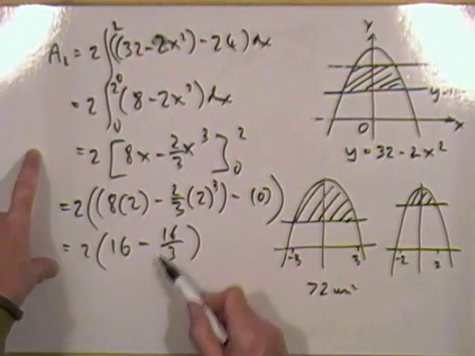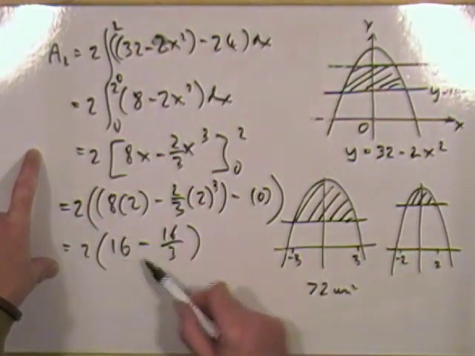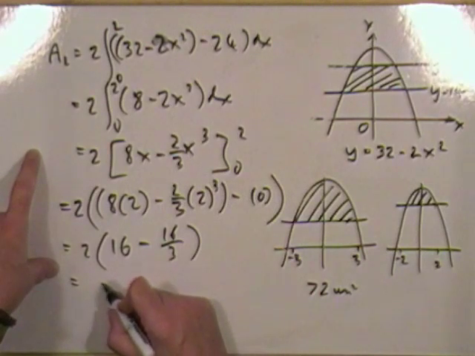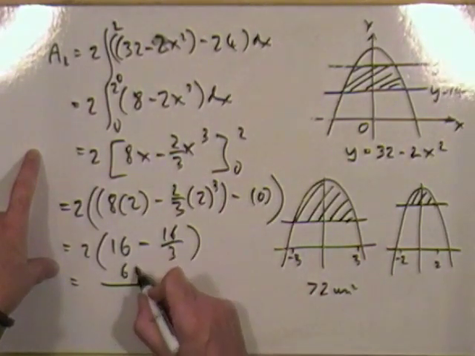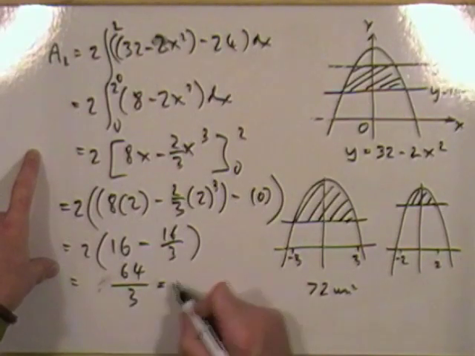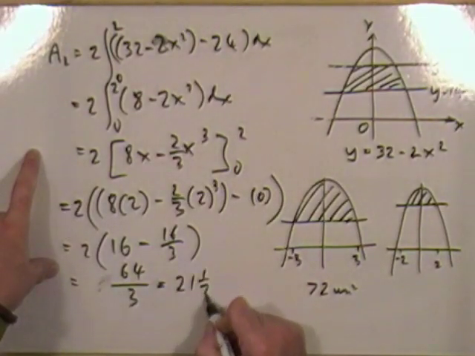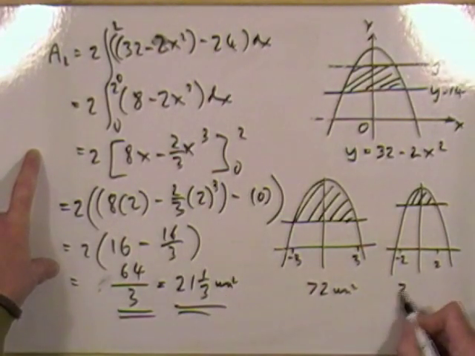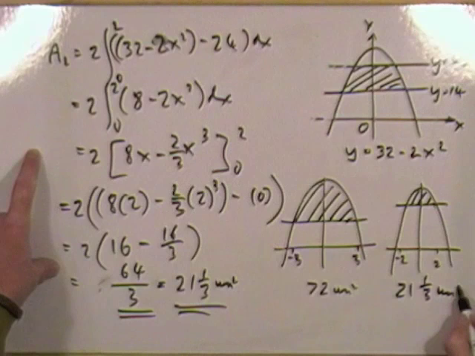Well, that's quite handy, because I've got 16 take away 1/3, so that must be 2/3 of 16. So now I've got 4/3 of 16 for this part here. So 4/3 of 16 must be 64 upon 3, or I could write that as 21 1/3 square units. So this part was 21 1/3 square units.